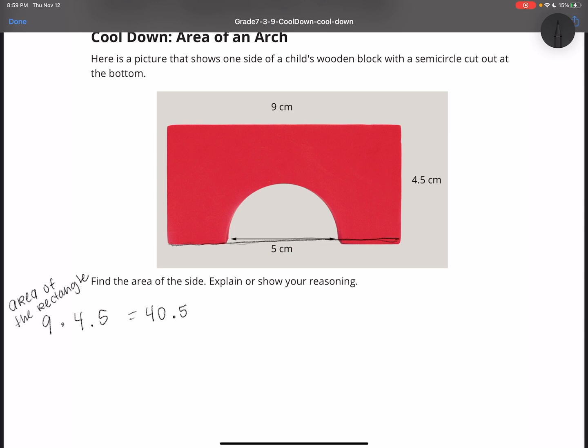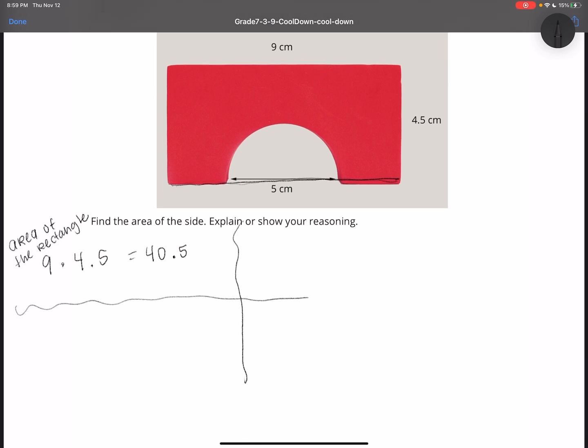All right, so now we need to find the area of this semicircle. Now, I don't know if you guys can recall this from the lesson, but when we deal with semicircles, the formula looks a bit different compared to the traditional formula, since it's half of a circle. So if this is the formula for a regular circle, what do you think I want to do with this formula since I'm dealing with half of a circle?